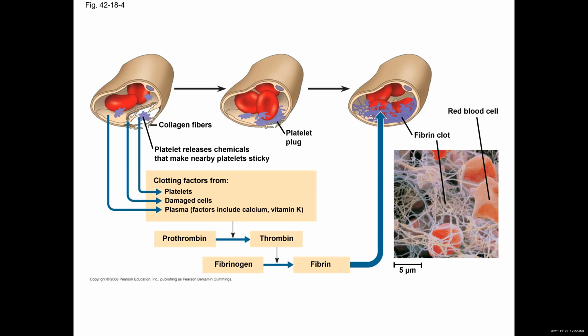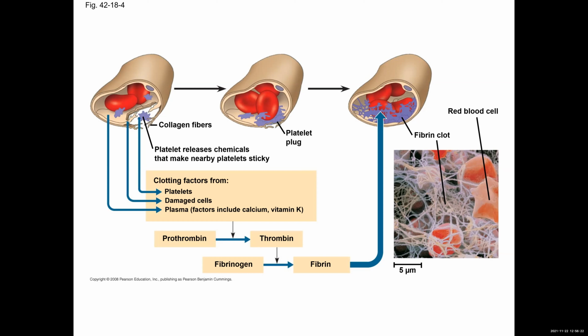And the platelets are attracted to places where there's damage to the internal structure of a blood vessel. How does it know there's damage to the internal structure of the blood vessel? Well, normally epithelial cells lining the inside of that blood vessel are not going to have any fibers of the molecule called collagen exposed at the surface.